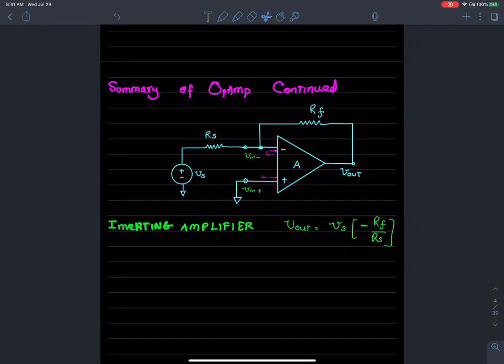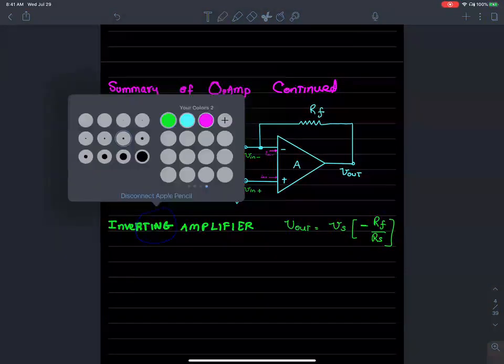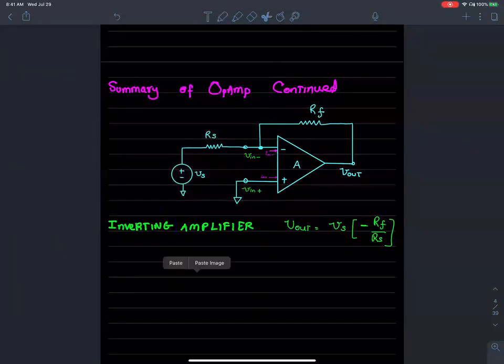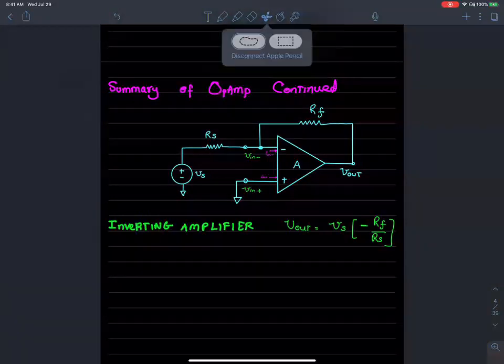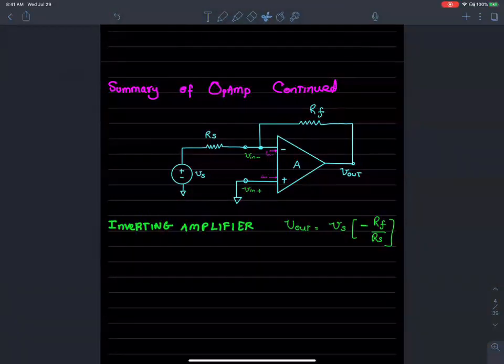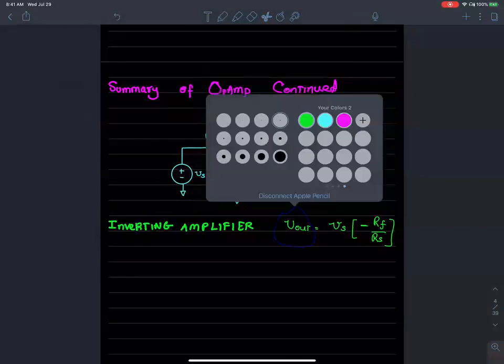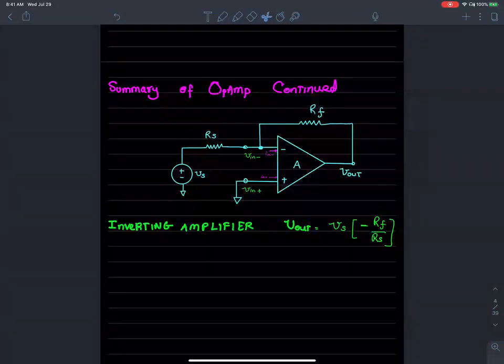The idea of the inverting amplifier is that the output Vout is an amplified version of the input. It's the input Vs multiplied by some gain, where the gain is negative.